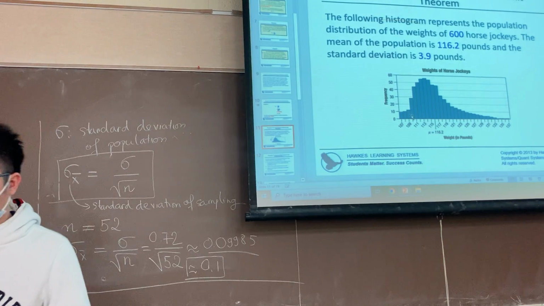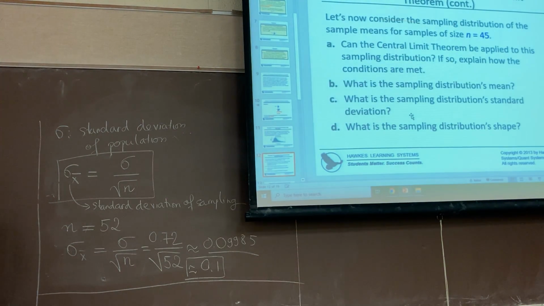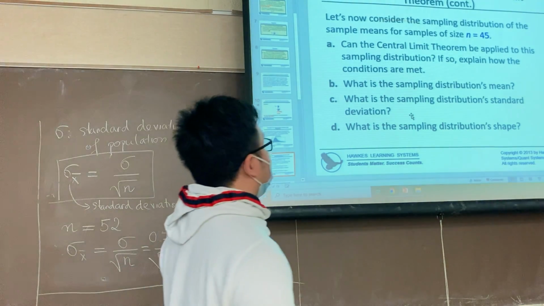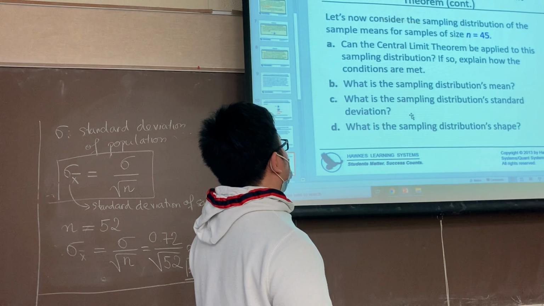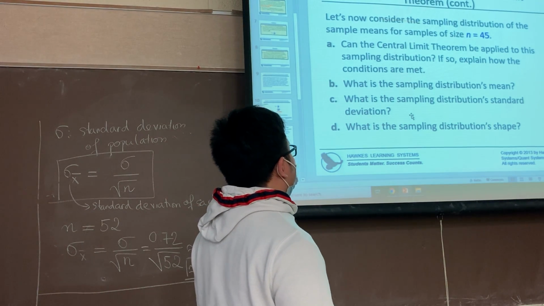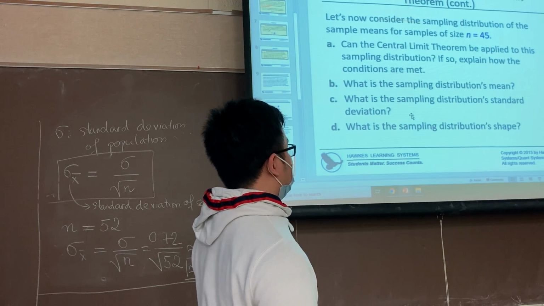That is the question. Let's now consider the sampling distribution of the sample mean for sample size n is 45. Question A is, can the central limit theorem be applied to this sampling distribution?